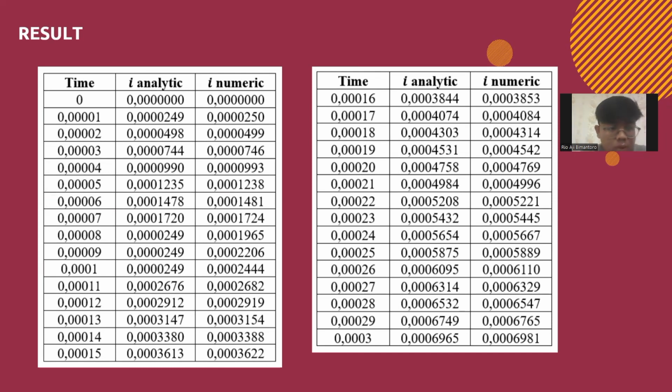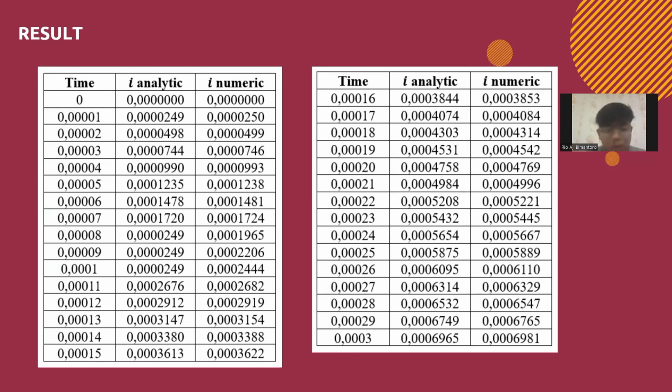It's so small, and the time step is also so detailed. And commonly, the analytical result is less than the numeric result. So we can use the numeric result instead of the analytical result.